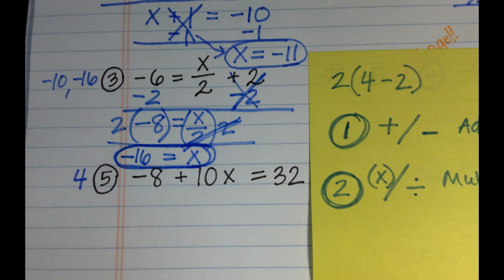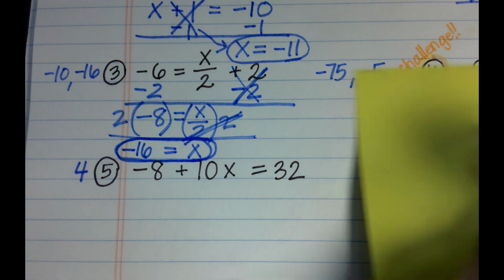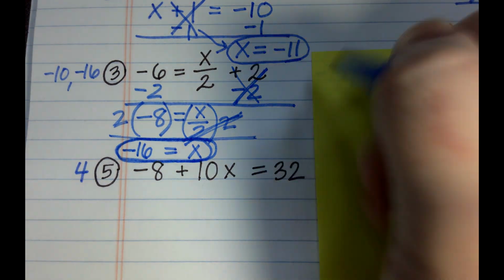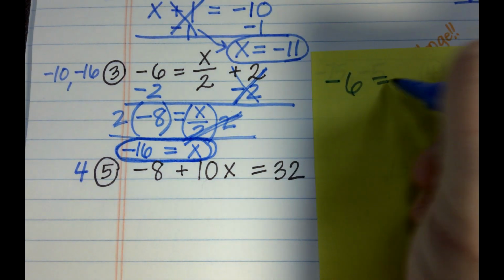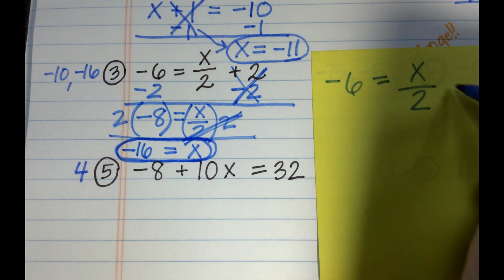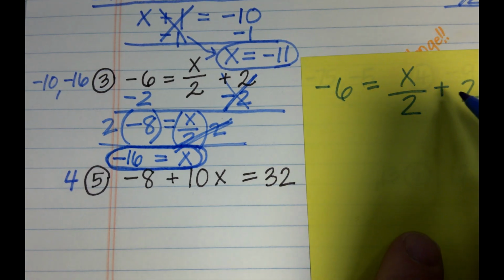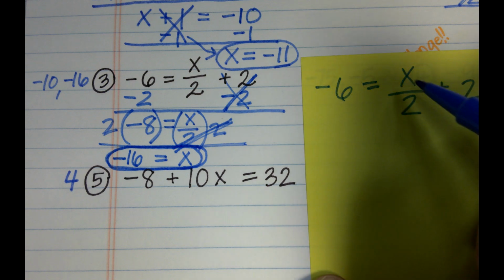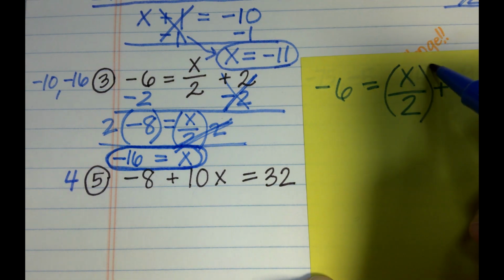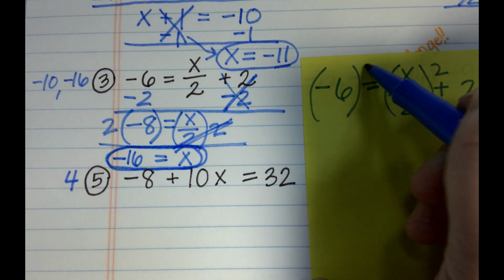Let's see if that's what it would give us. I'm going to show you an incorrect way. So if this is going to confuse you, feel free to zone out for a minute. I am going to multiply by 2. This is not correct.